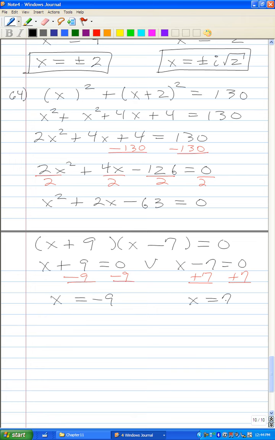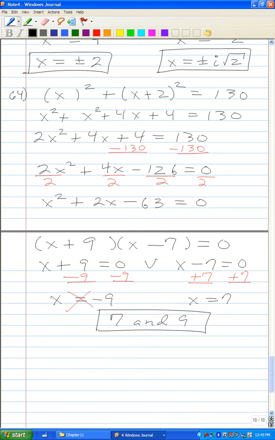X equals 7. Well, I want positive, and since I want a positive odd integer, I get rid of negative 9. And so 7 is an integer. The next consecutive integer is 9. So the consecutive integers are 7 and 9. Those are two consecutive positive odd integers, the sum of whose squares is 130.